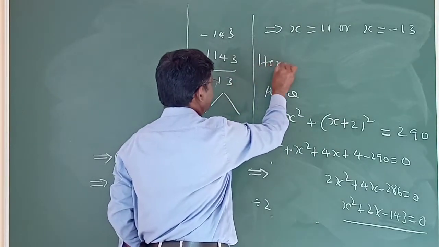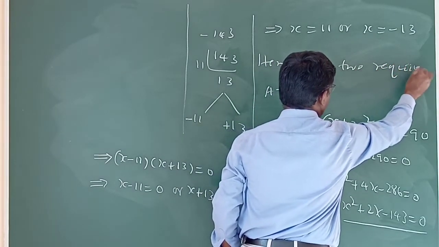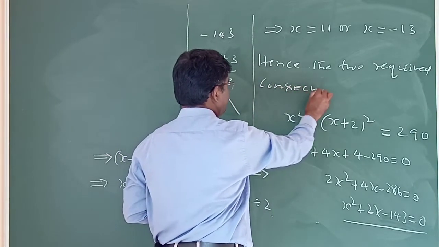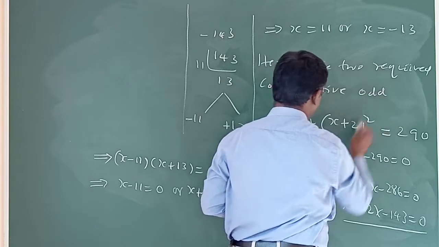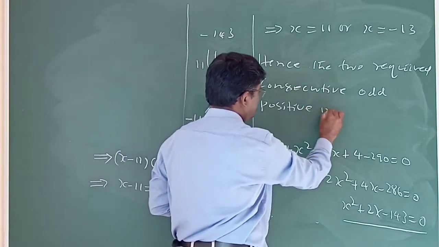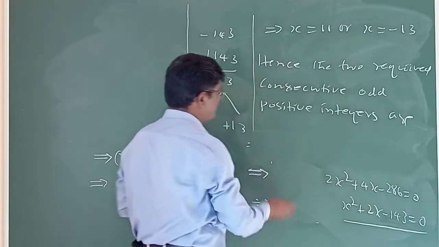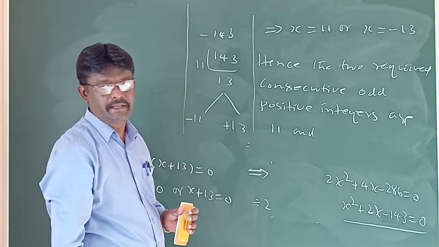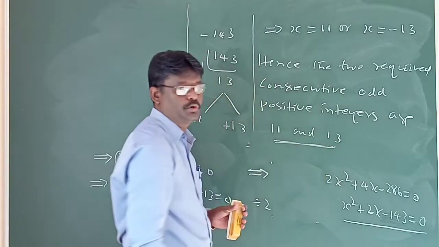Hence the two required consecutive, meaning successive, positive integers are: the first one, if we take as 11, and we know the next consecutive is obtained by adding 2, hence 11 plus 2, 13. These are the two required consecutive positive integers.